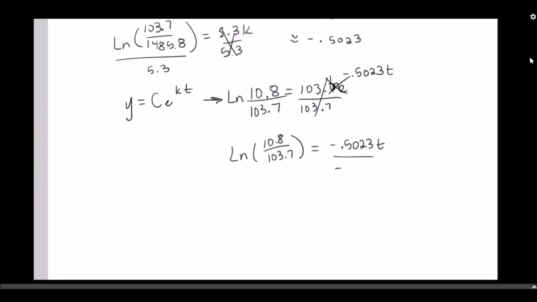Now divide by negative 0.5023, and we get the value for t. So plug this into a calculator. And we get t is about 4.5, and remember that's in thousands of years, so that's 4,500 years.